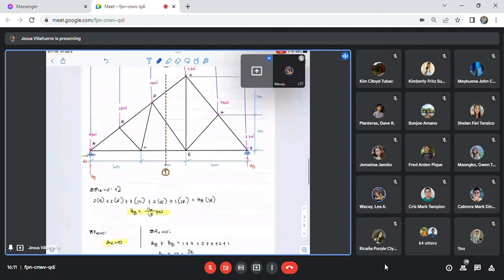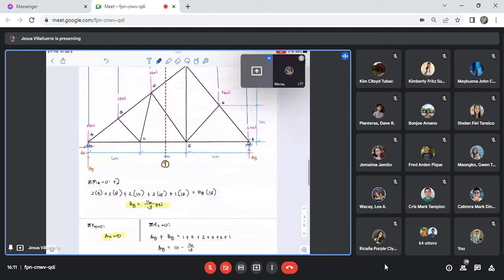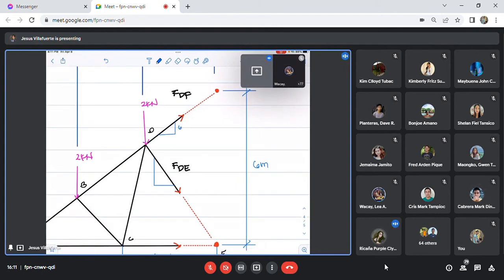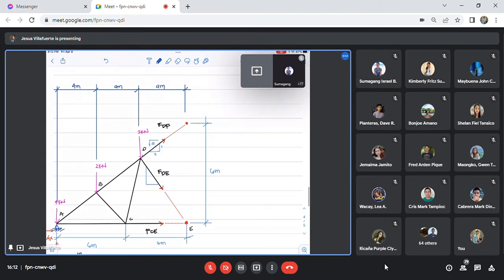So 6 divided by 12, we can reduce it as 1/2. Tama? But you can also write it as 6 over 12. And then this one is pila ni? So the square root of 5. Very good. How about for the other one?